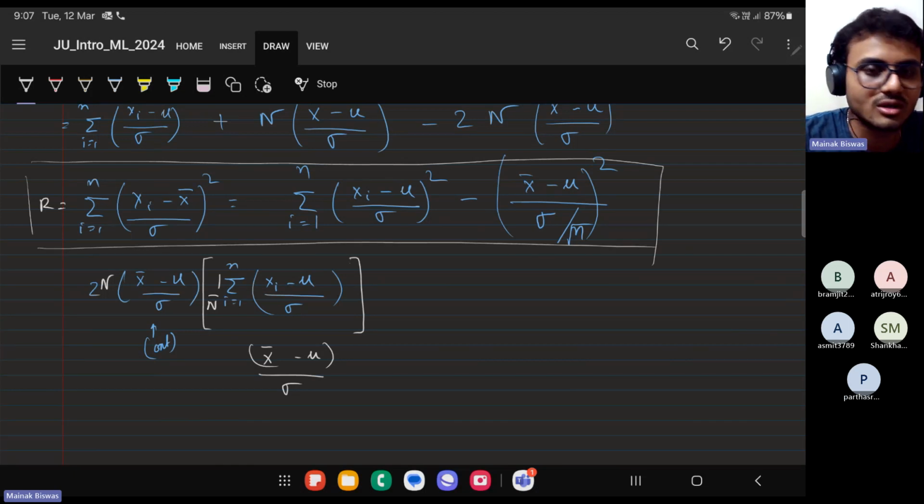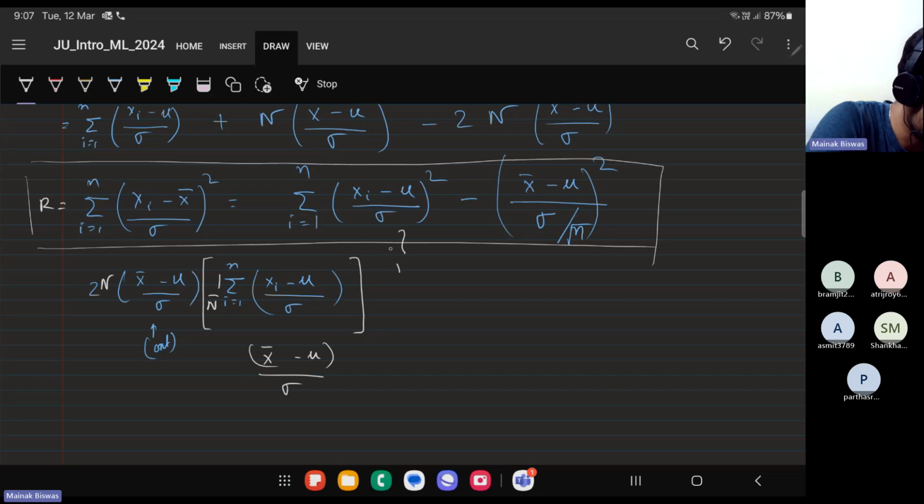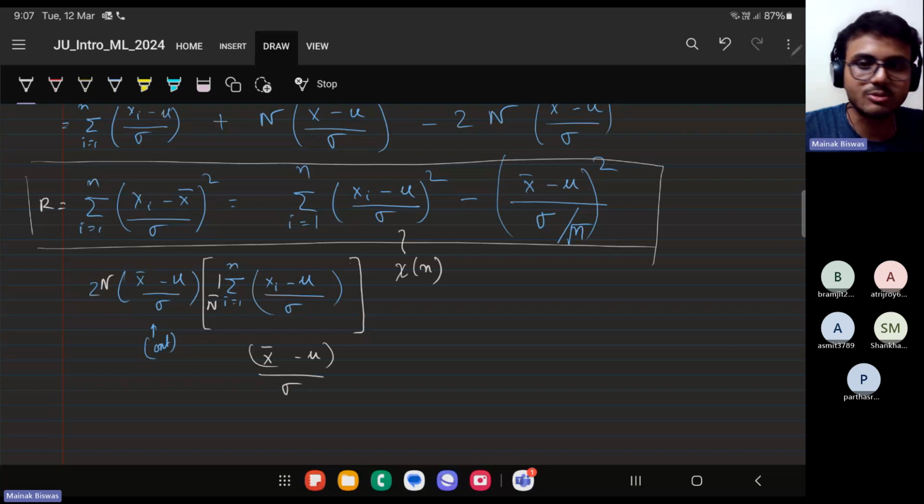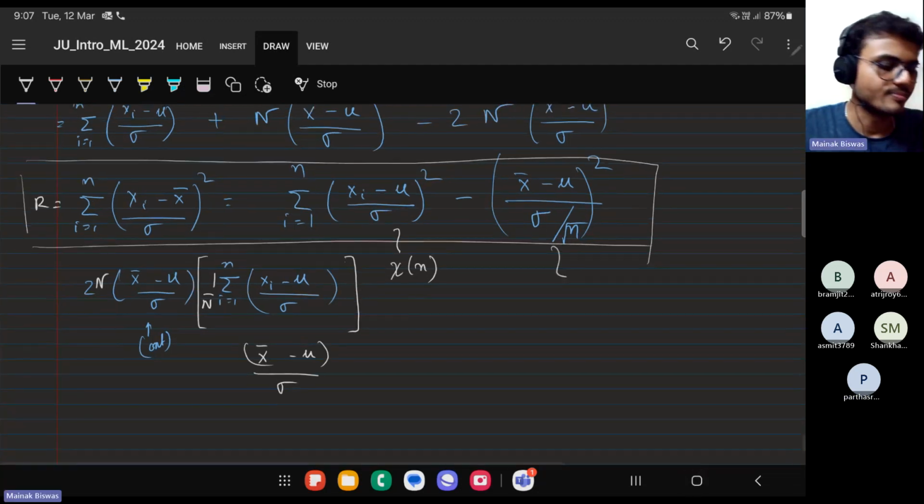If you have followed and you are revising things, this should be very simple. This is chi square n, which we found some time before, with real mu and sigma. What is this distribution?